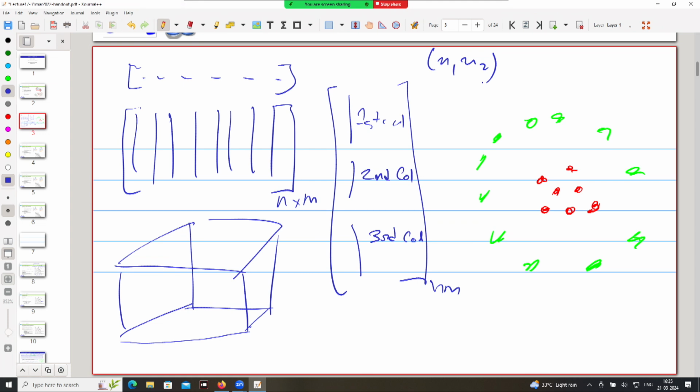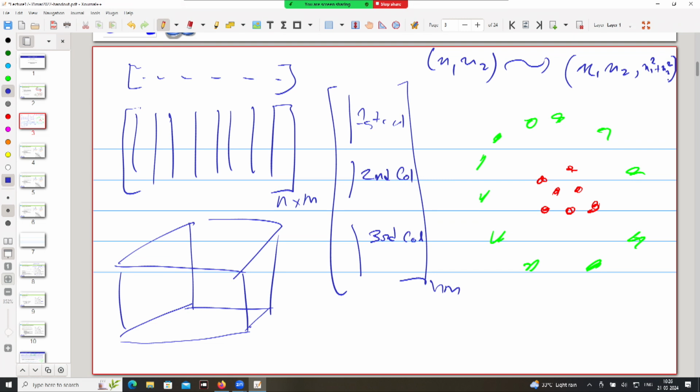So I have to convert this data into 3D, where it will become x1, x2, and the length of x1, x2, so the square root of x1 square plus x2 square.